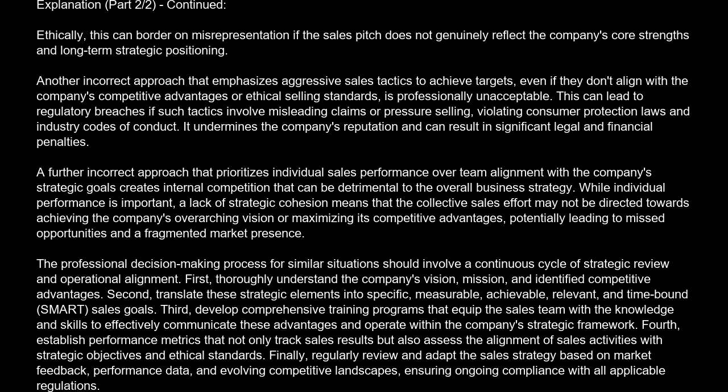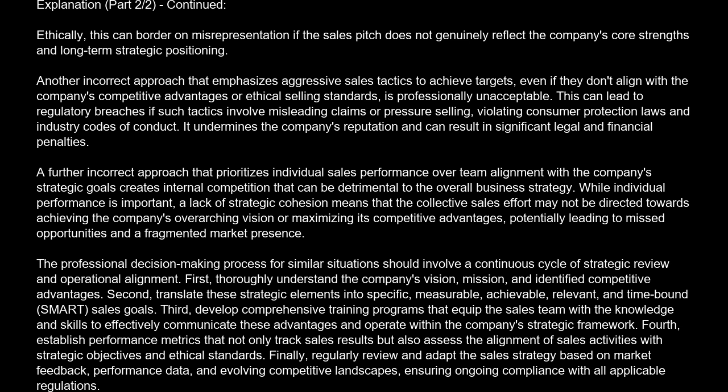First, thoroughly understand the company's vision, mission, and identified competitive advantages. Second, translate these strategic elements into specific, measurable, achievable, relevant, and time-bound, SMART sales goals. Third, develop comprehensive training programs that equip the sales team with the knowledge and skills to effectively communicate these advantages and operate within the company's strategic framework.